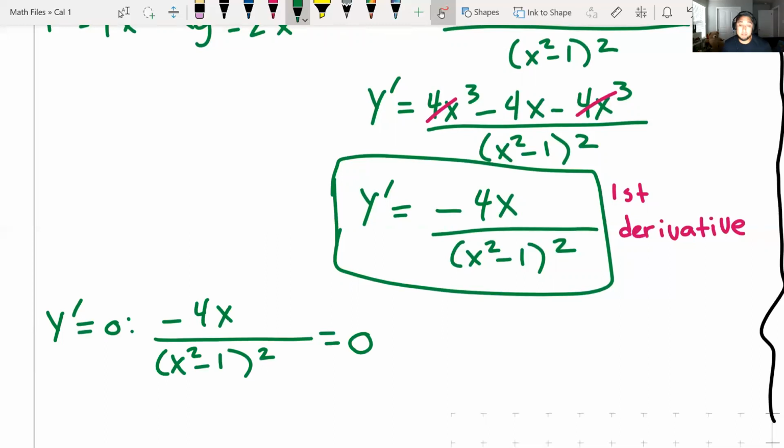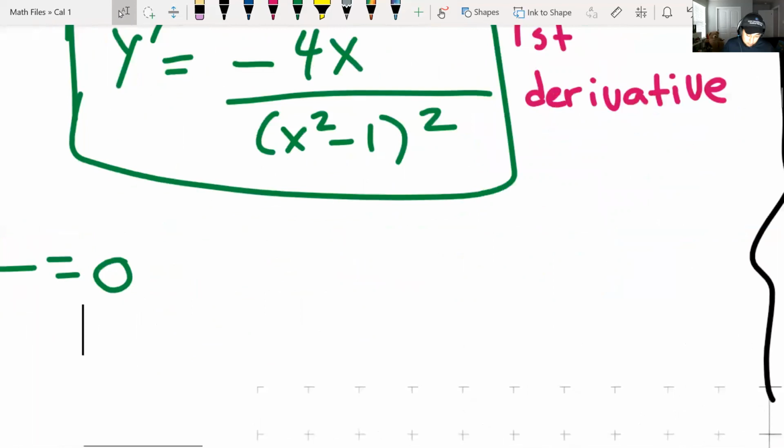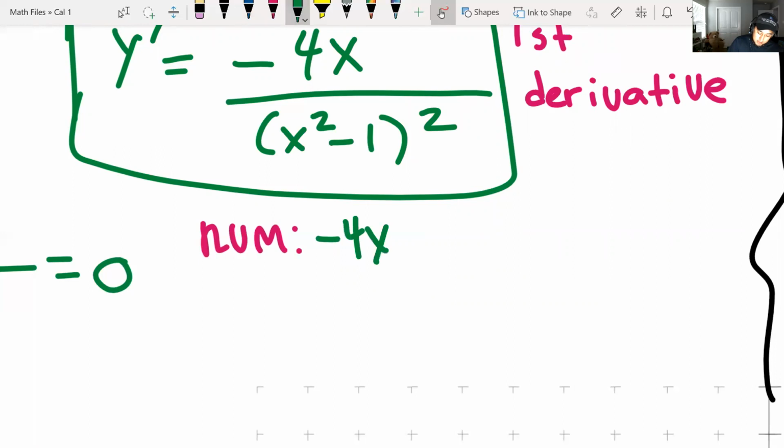And remember, since this is rational, we get critical numbers from the numerator and from the denominator. Numerator: negative 4x equals 0, therefore x equals 0.